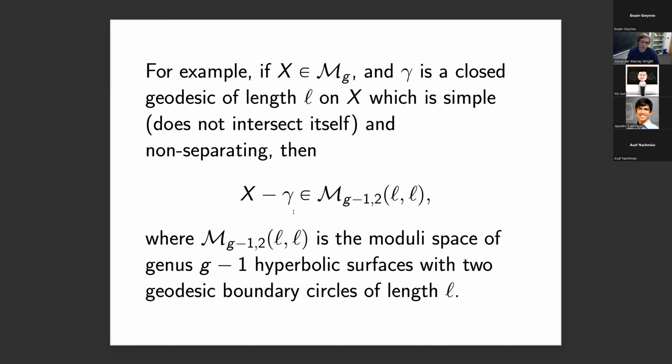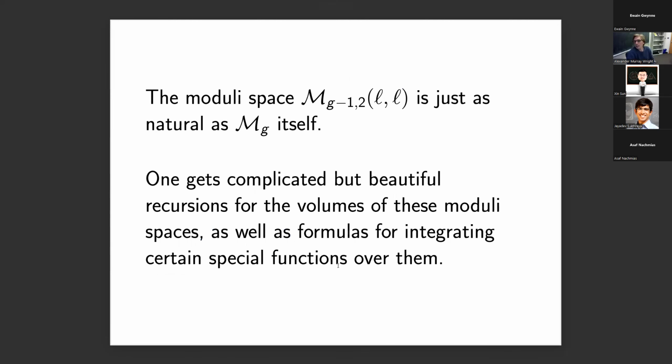So what you do is you get a surface X minus gamma that lies in this smaller moduli space of genus G minus 1 surfaces with 2 geodesic boundary circles of length L. And so the point here is that this moduli space, from the perspective of Teichmuller theory, is absolutely just as natural as the starting moduli space. And this is really a difference, I think.